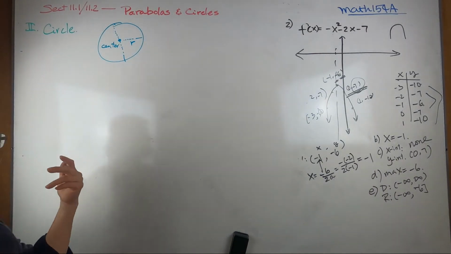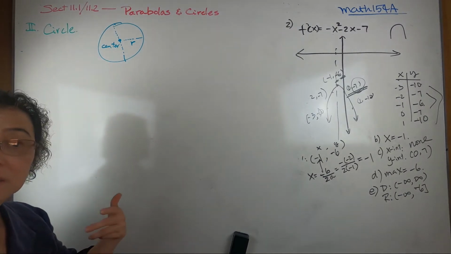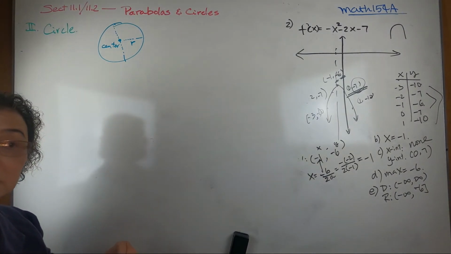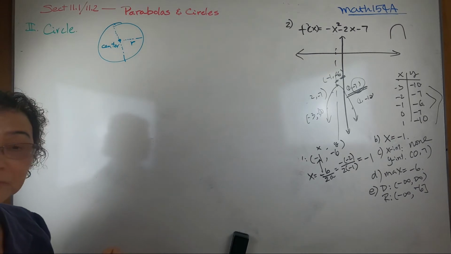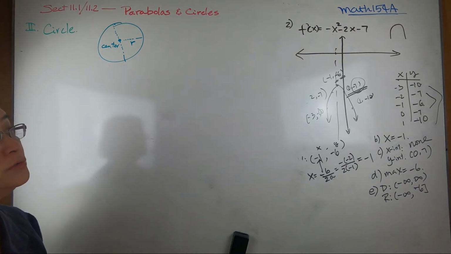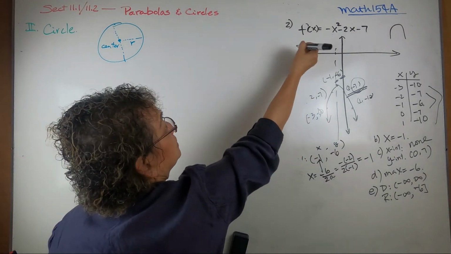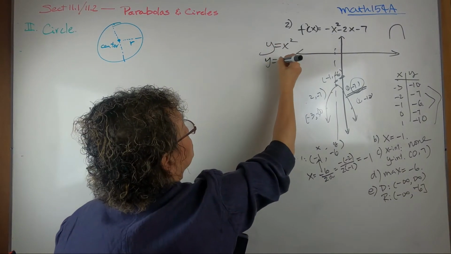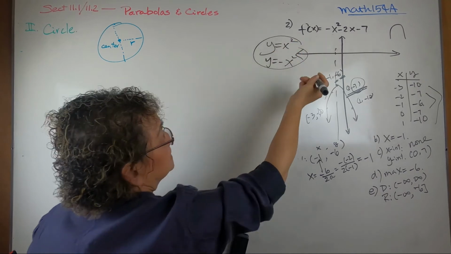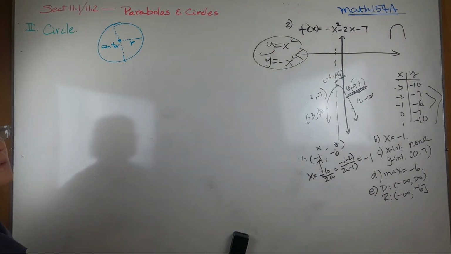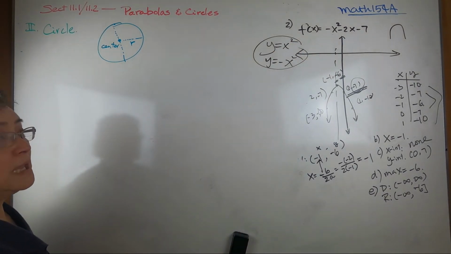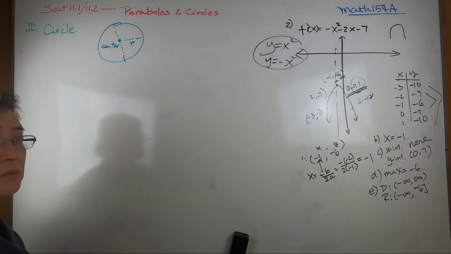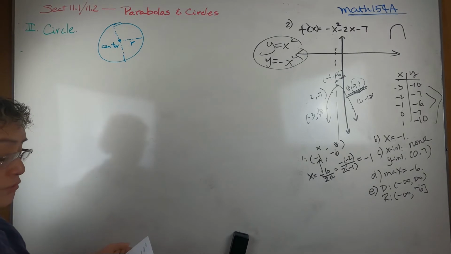Then we use x and y to describe it like an equation. How are we going to do it? Like a parabola, you do y equals x squared or y equals negative x squared, things like that. And for a circle, let's see how we should describe it.